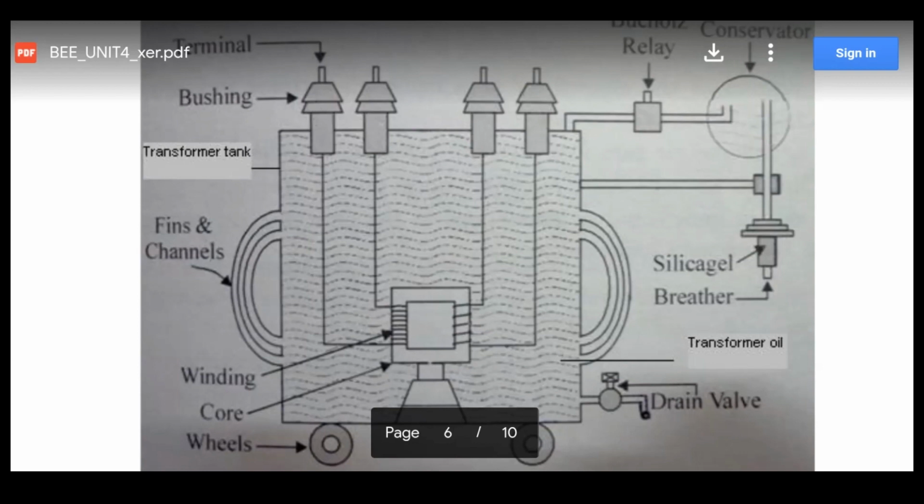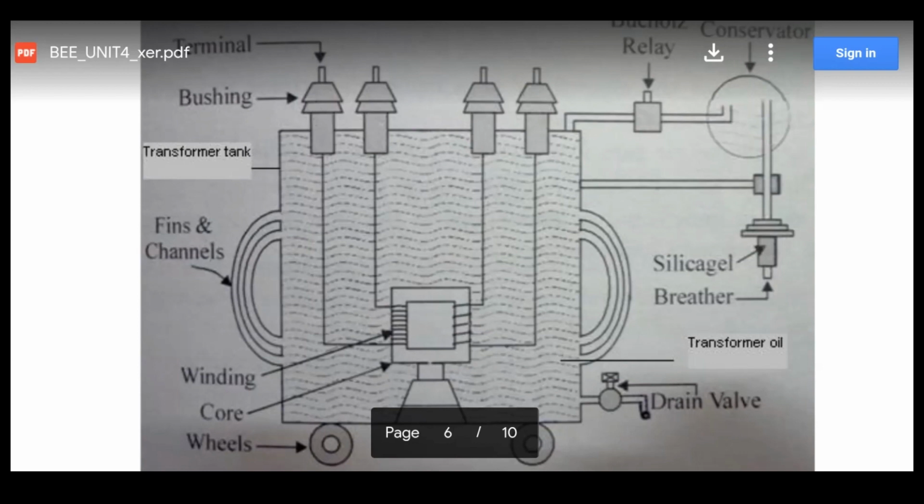It is touching different parts within the transformer tank, and whatever part it is touching, it is cooling them, whether it is transformer winding, core, bushings, etc., whatever it may be.